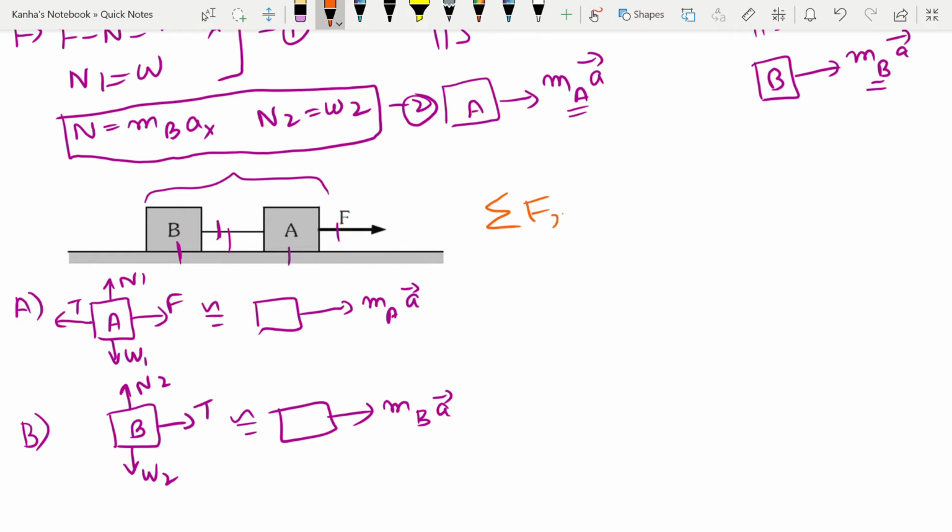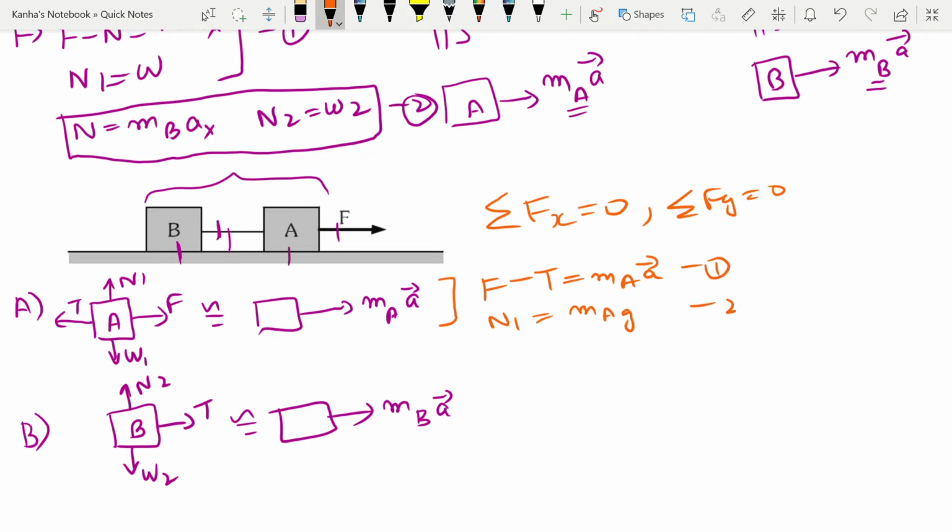So summation of Fx is equal to 0, summation of Fy is equal to 0. When I apply these for the A case, I can easily write F minus T is equal to MA a, and the second one is N1 is equal to MA g, where this is the weight.